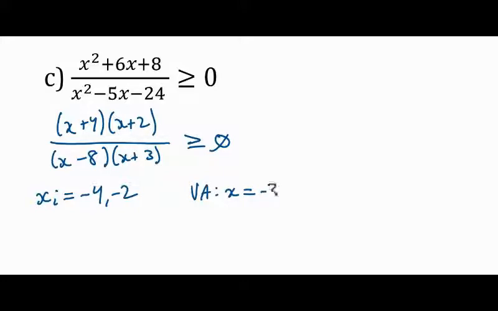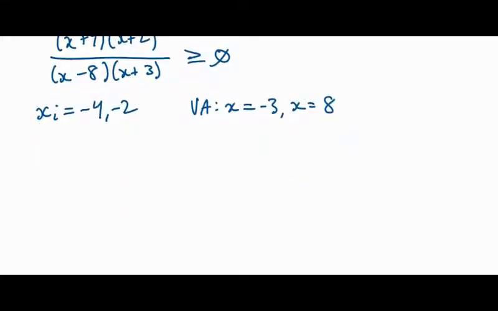Nice. X equals -3. X equals +8. What do we do next? Number line. Is everybody okay? Remember, it's got to be in order. Don't do -4, -2, -3, then 8.